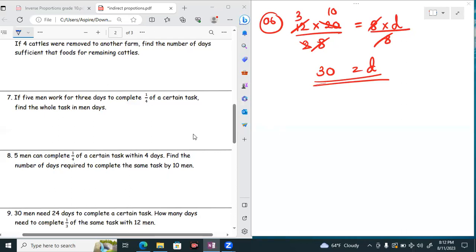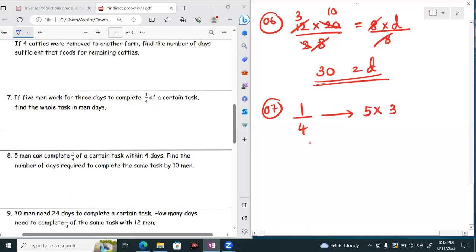If 5 men work for 3 days to complete 1/4 of a certain task, find the whole task in man days. Okay, it should be man days. Then 1/4 of a work is equals to 5 men times 3 days.